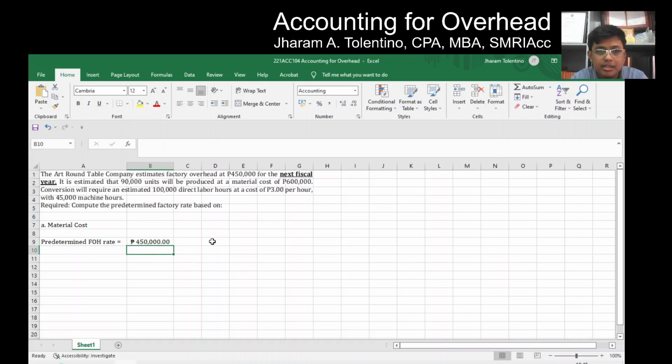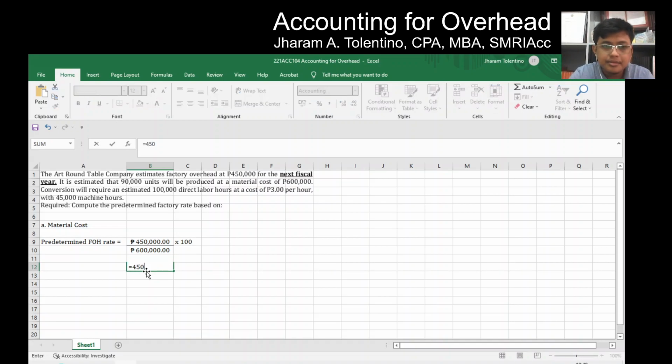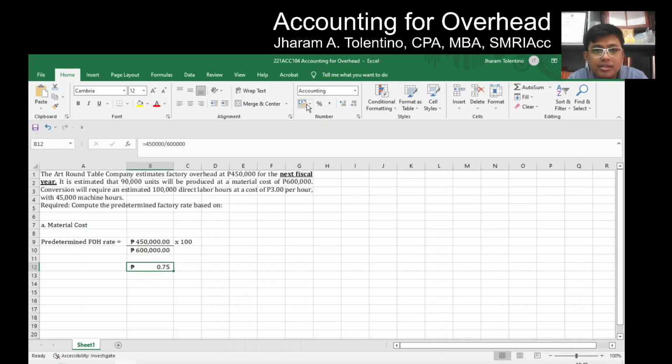Magkano ba yung material cost? 600,000, multiplied by 100. Kasi rate yung kukunin natin. So, magkano to? This is 450 divided by 600 times 100. So, actually, dapat matatanggal yung peso sign, 0.75 kasi makakancel out yun. Times 100.